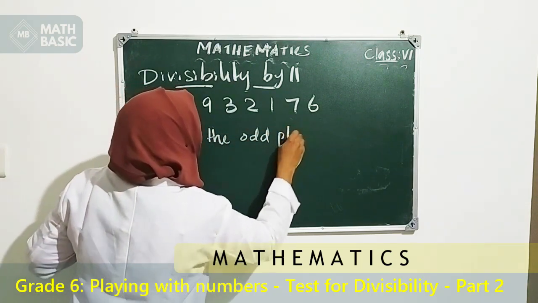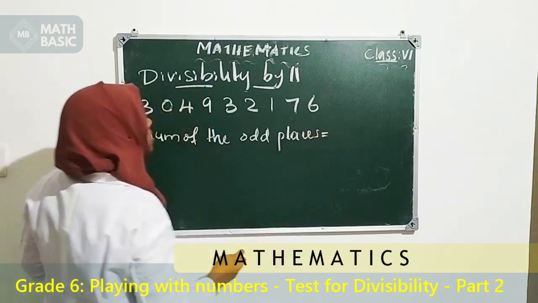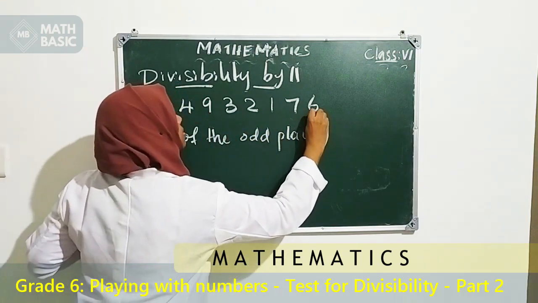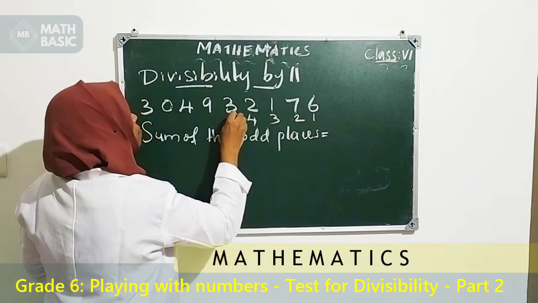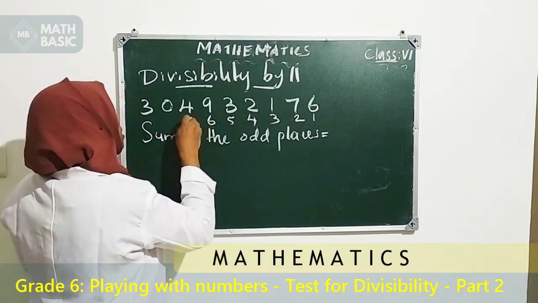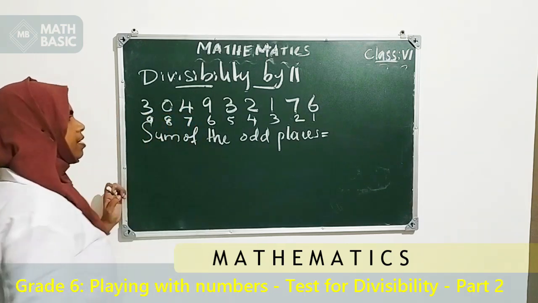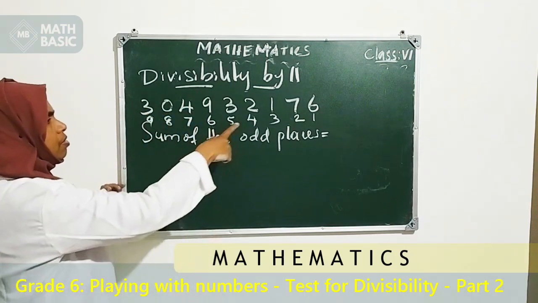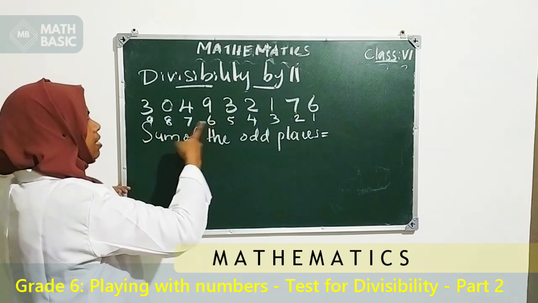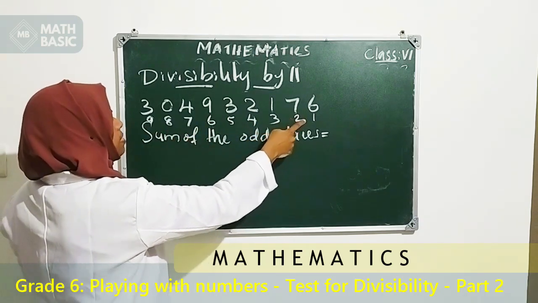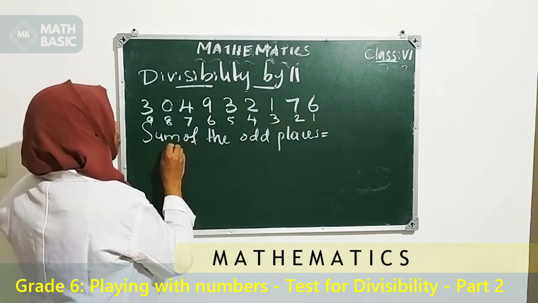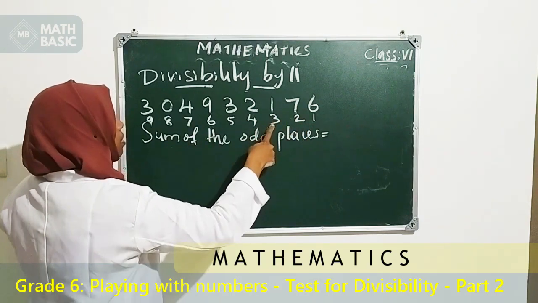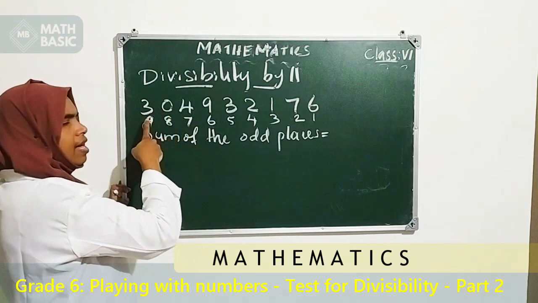These are the odd places and even places. The odd places are 1, 3, 5, 7 and 9.